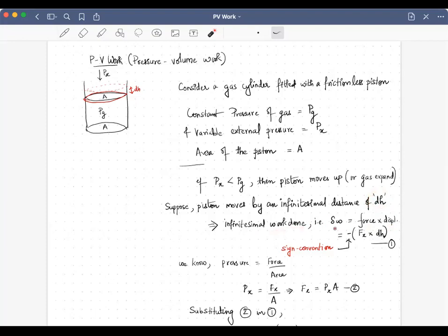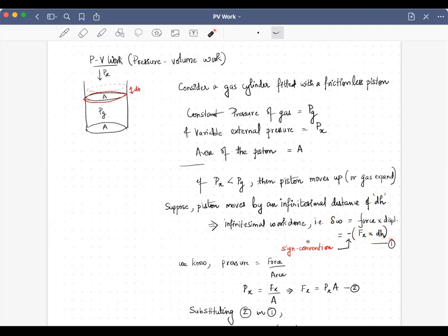As I already told you, work is a path function, and therefore we use an inexact differential to represent it. So the infinitesimally small work done is equal to force into displacement. Now, force, let me write it as Fx, into the infinitesimal displacement, which is dh.